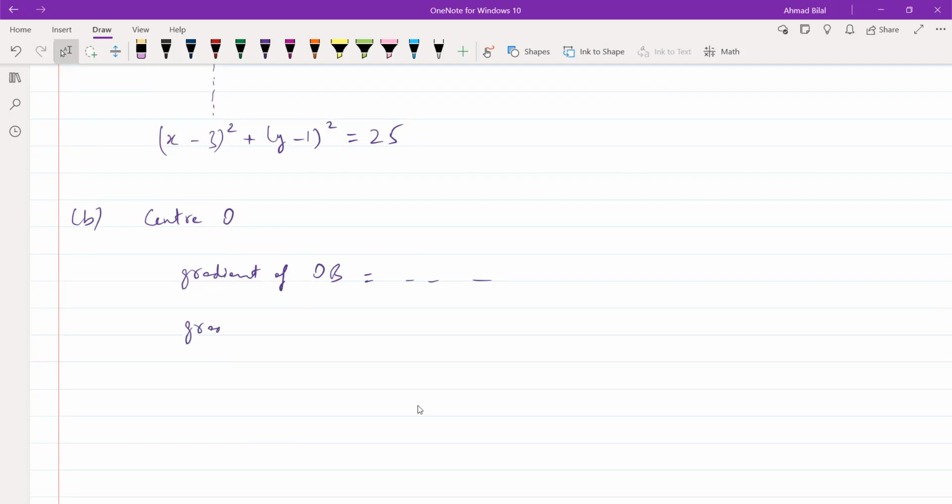The gradient of the tangent will be the negative reciprocal of this, right? Negative reciprocal of whatever you got there. That will be the gradient of the tangent.